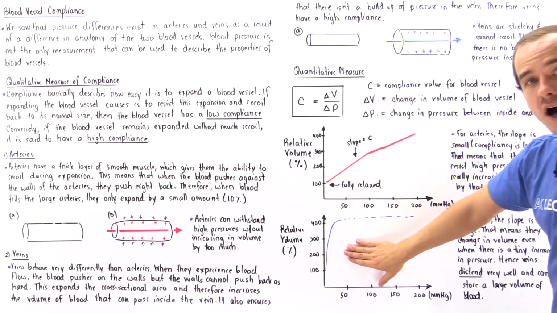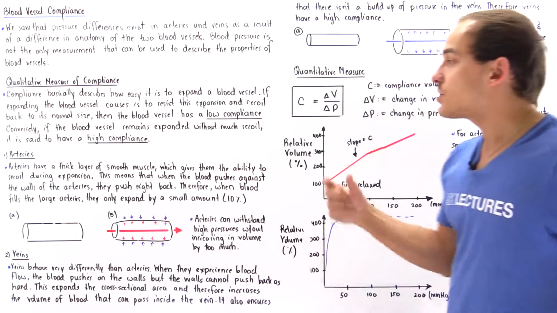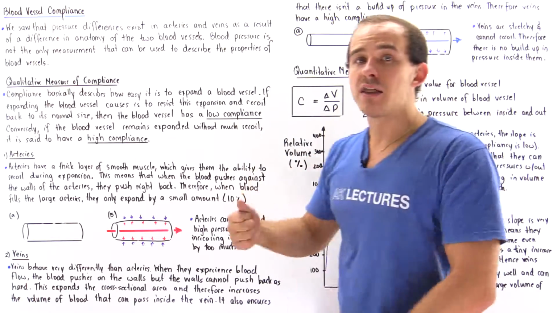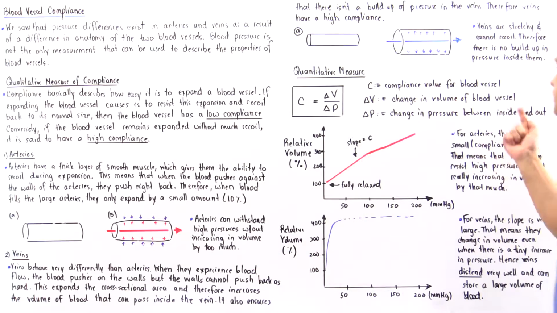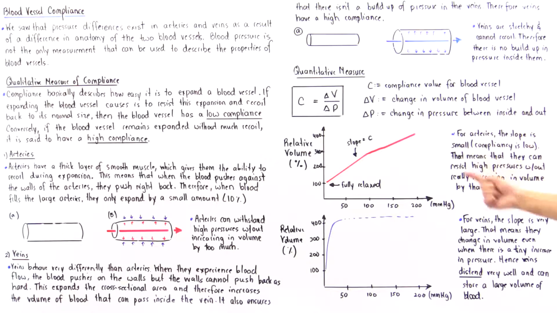But in the case of our vein, we can apply a tiny pressure to actually increase the volume because they can't actually push back on that blood very well. So for arteries, the slope is small as shown here, and so that means compliancy is small as well. And that means that they can resist high pressures without actually really increasing in volume by that much.